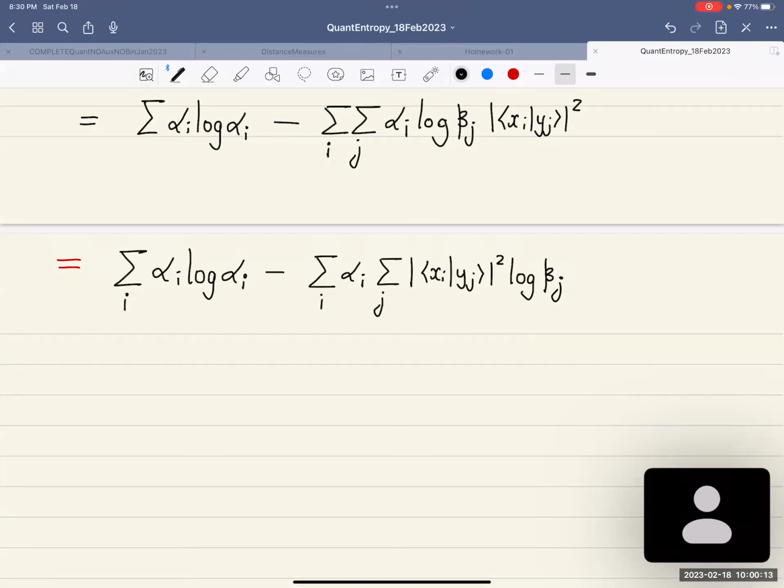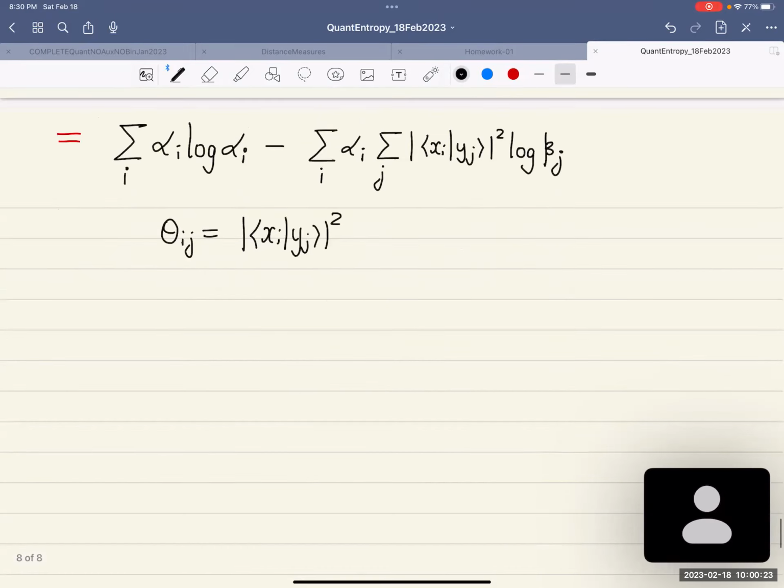Let me call theta ij equal to |xi yj| whole square, just for simplicity, for less clutter.